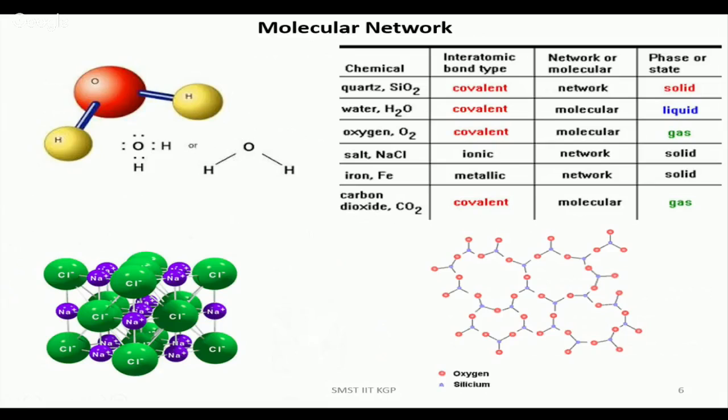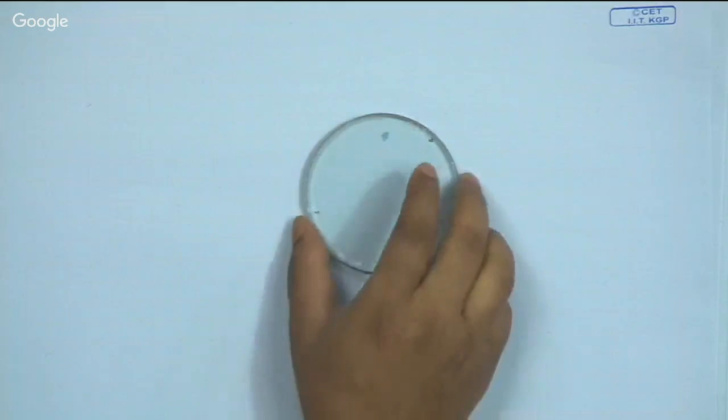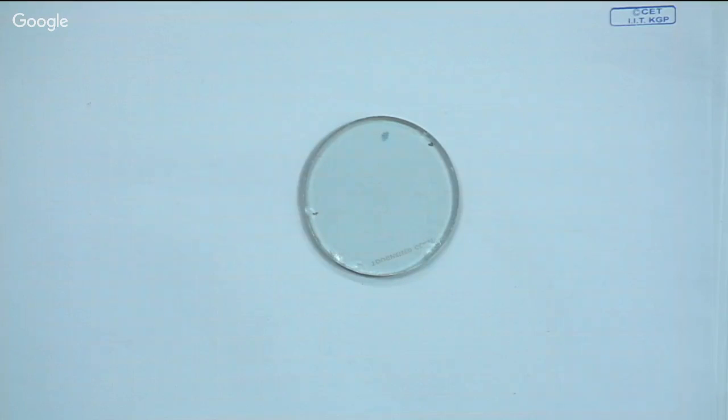So this silica is quartz or glass. This is glass. So is this solid or liquid? We'll see this is also a liquid, right? That is, this is not a quartz, this is a glass. So glass is synonymous to liquid.